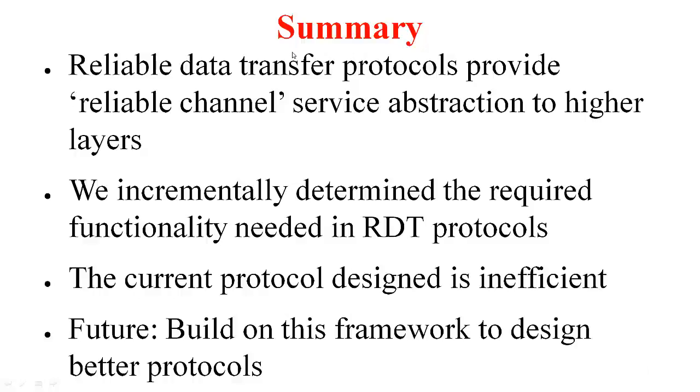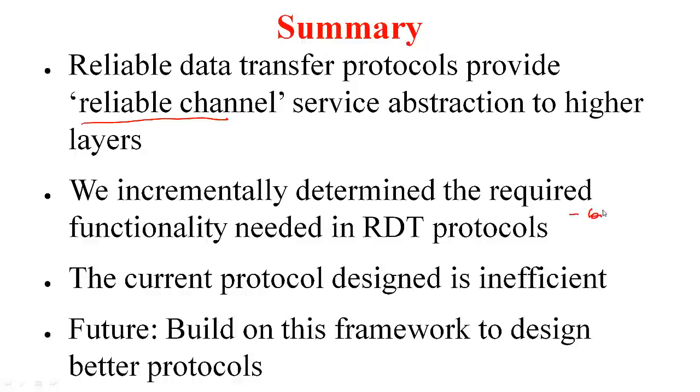So here is a summary of what we have learnt in this video. Reliable data transfer protocols provide an abstraction of a reliable channel to the higher layers. So they in turn tackle unreliability. Now we have incrementally determined the required functionalities needed as part of this protocol.